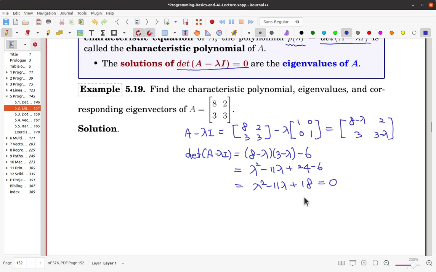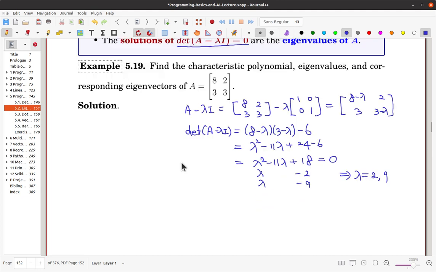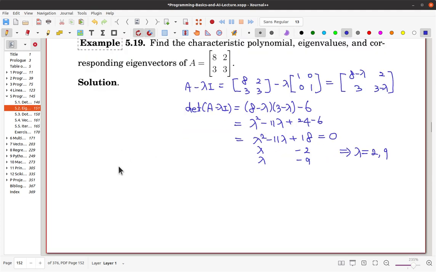Now, 18 can be separated into 2 and 9, and if we put minus, minus, then this is also the lambda separation. So from here we have 2 eigenvalues, that is 2 and 9, right? Now, for each case we have to find eigenvectors.